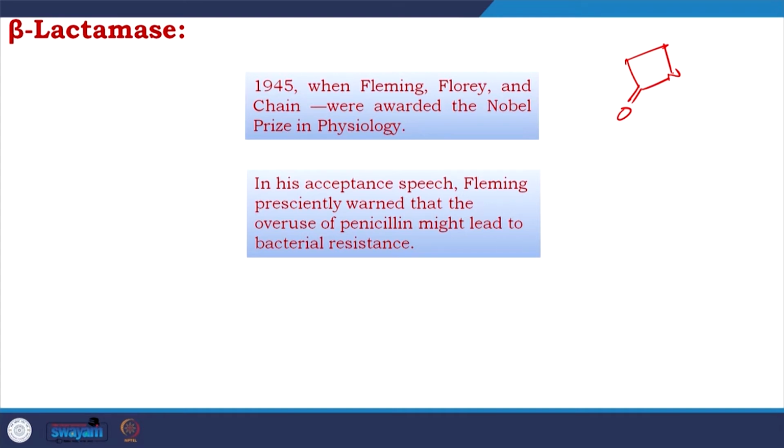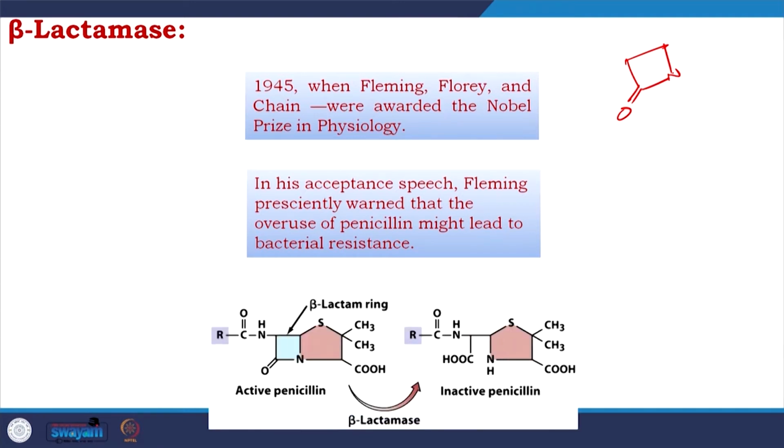The first time the world heard about bacterial resistance. But in between, as I told, people already had the magic bullet. A lot of scientists were trying to find a magic bullet against bacteria, and they considered beta-lactam as the magic bullet. So the solution was there, the proof was there, the usability proof.